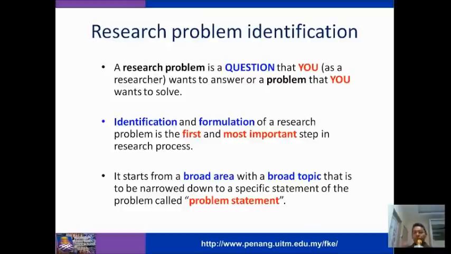It normally starts from the broad area, of course, because you observe something broad and then you try to find the literature in a broad area and then start to narrow it down.